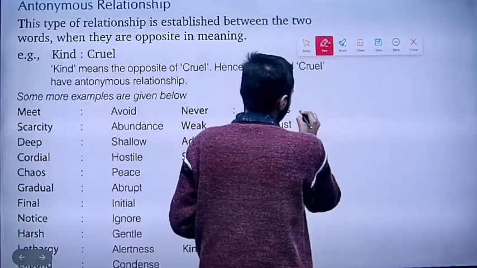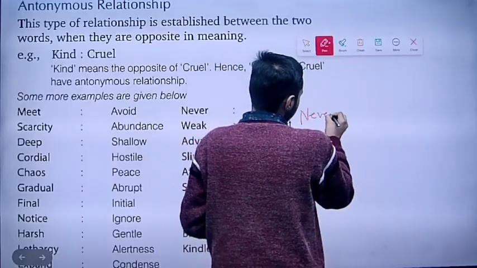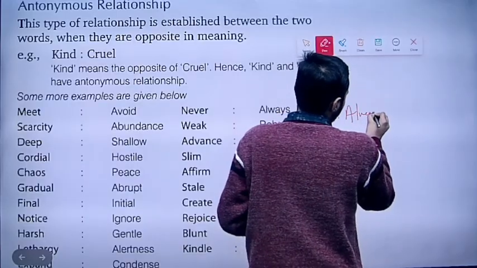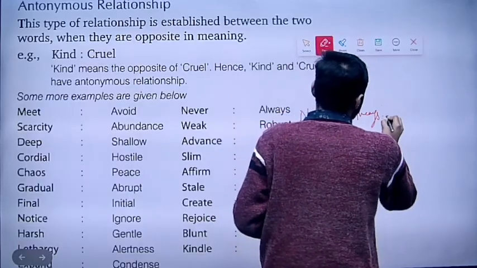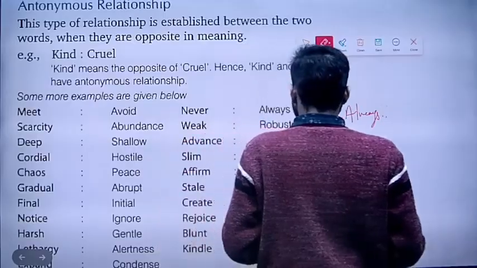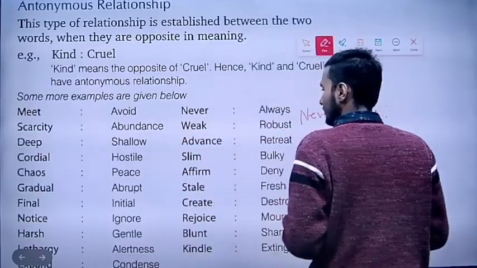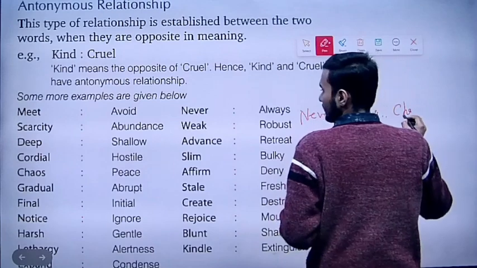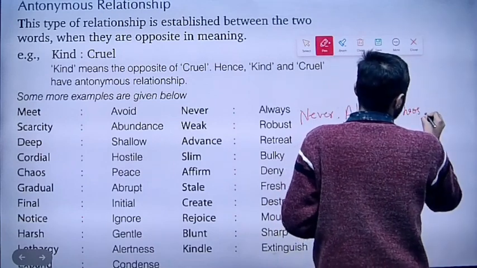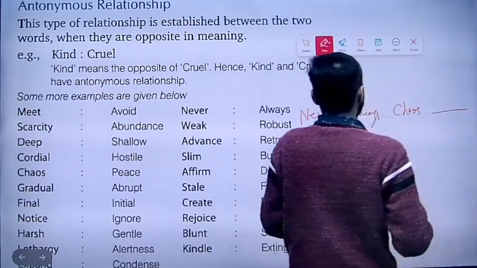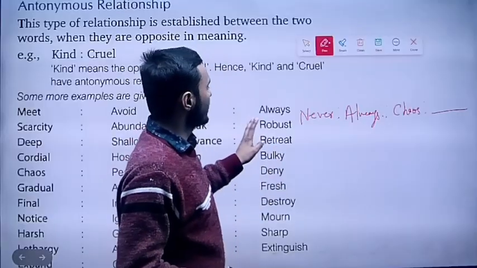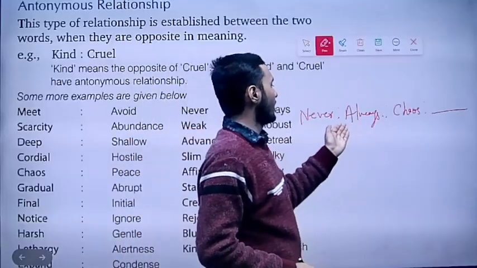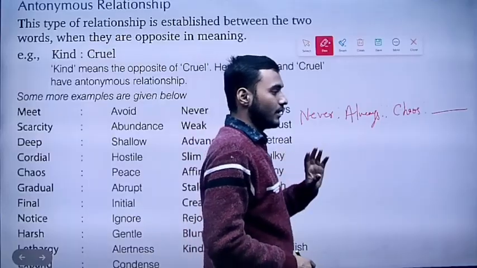So if we take an example, never is to always, okay, and now chaos is to what? See, if we look at this question, never is equal to always. What does never mean?